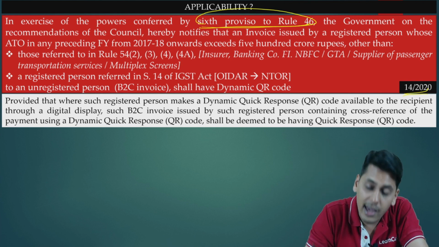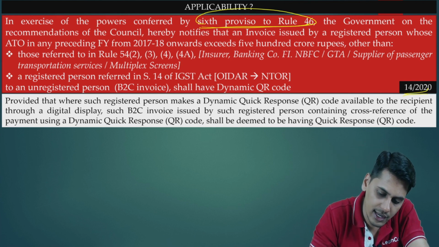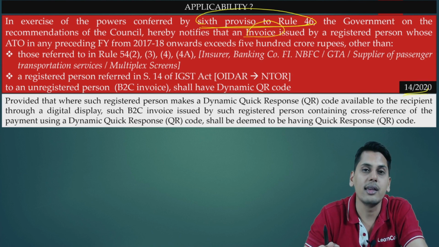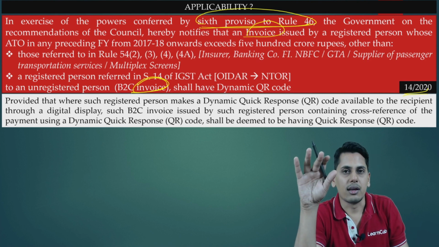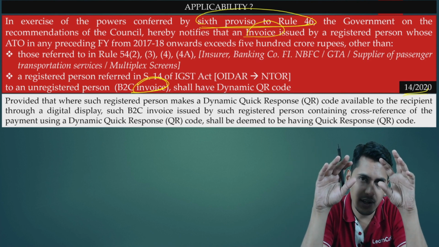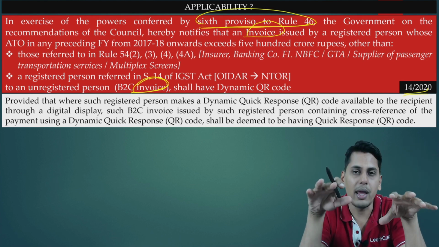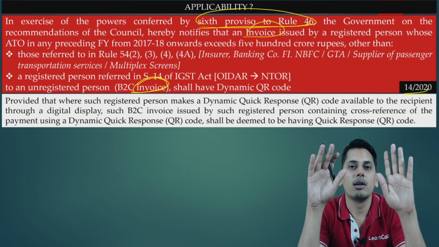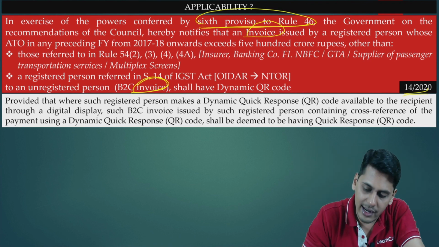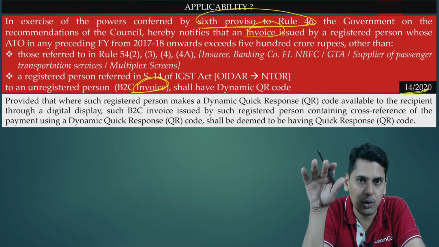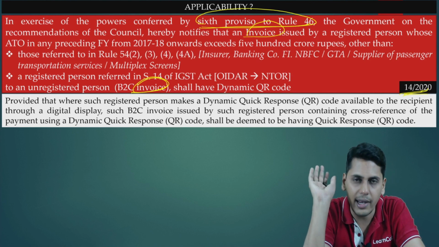Furthermore, in the entire notification 14/2020, the wordings used are invoice. It doesn't speak about bill of supply. So friends, technically speaking, even though rule number 49, in the contents of bill of supply, specifies about QR code being there even in bill of supply, however, upon reading notification 14/2020, this notification is only for tax invoice.